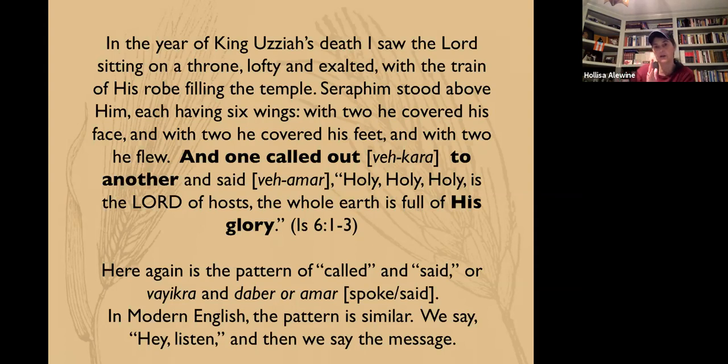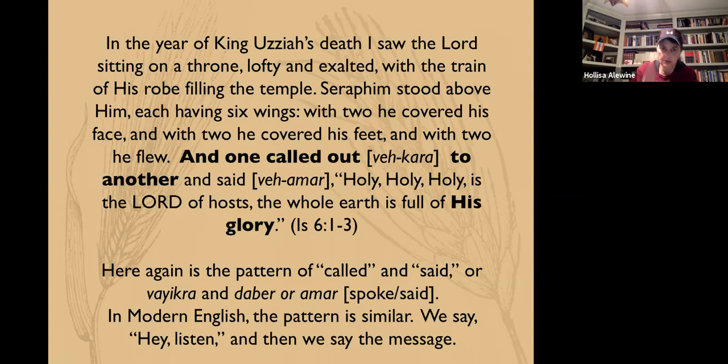Okay, you see the pattern there? Vayikra, and then it will either be followed with Daber or Amar. It depends. If you look at your Torah portions, just scan through them, count how many, well, good luck counting. But look at how many times you will see this pattern. First of calling, and then either of speaking, daber, or saying, amar.